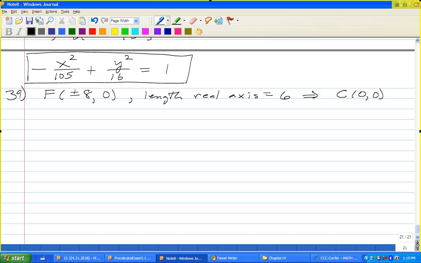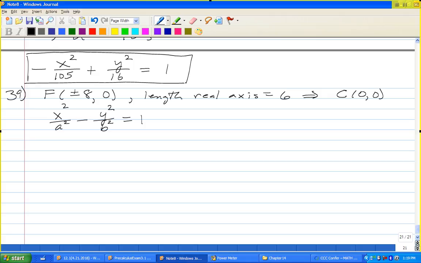And so the equation of my hyperbola looks something like x squared over a squared minus y squared over b squared equals 1. Since the focal axis, the real axis, is the x-axis, there's a plus in front of the x squared, and there must be a minus in front of the y squared.